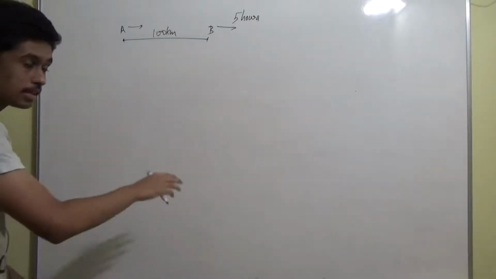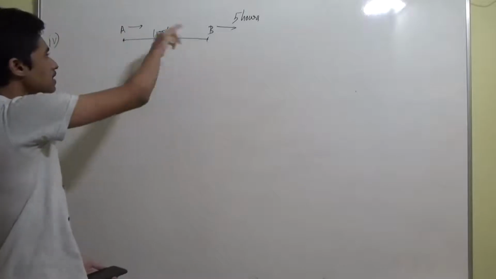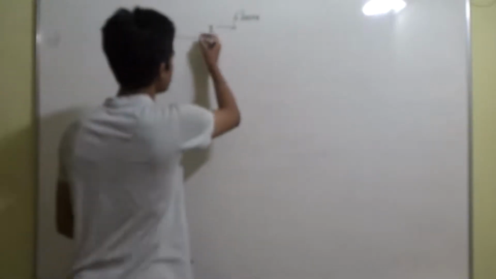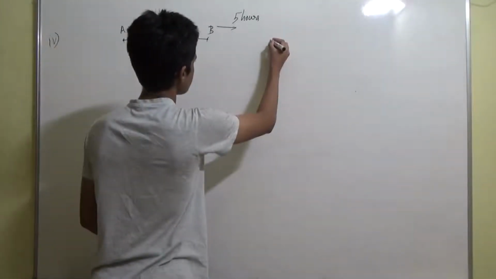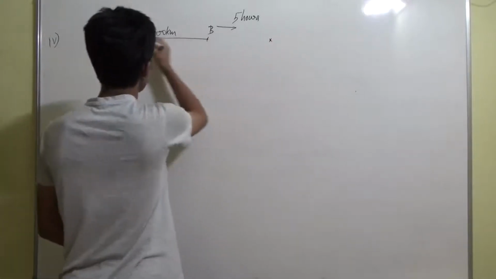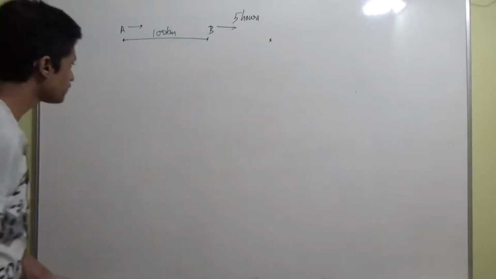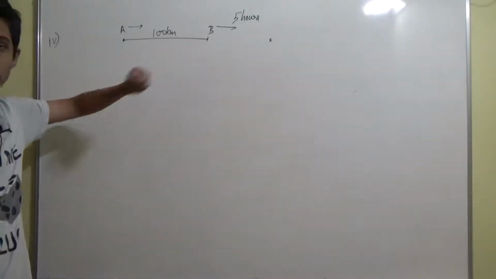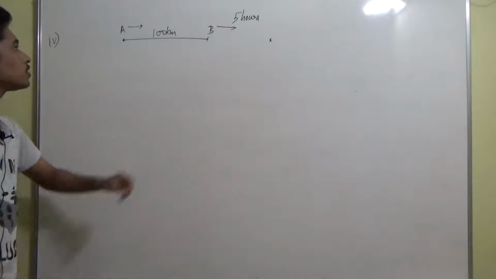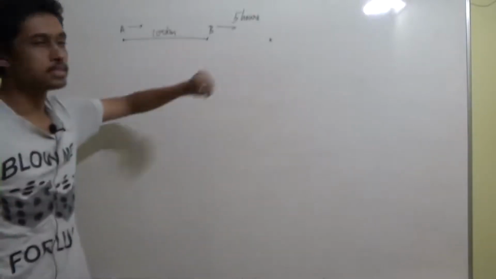They are saying in the first part of the question, if they travel in the same direction, somewhere here, let's consider, they are going to meet. Getting it? That is after 5 hours, which means the speed of car A is going to be more than the speed of car B, because only then they both will be able to meet in the same location, right?